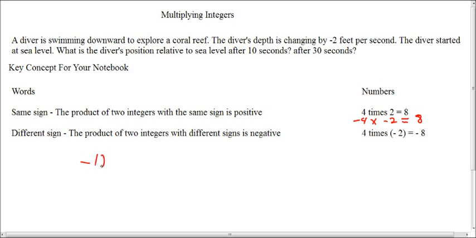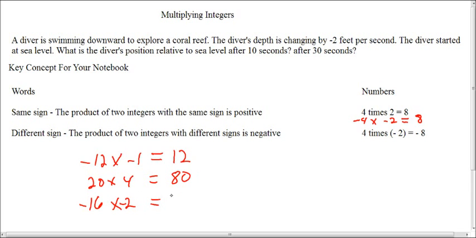A negative 12 times a negative 1 is always going to be a positive 12. 20 times 4 is always going to be positive. It really doesn't matter. Let's take one more: a negative 16 times a negative 2 will always give you a positive, which here would be 32.